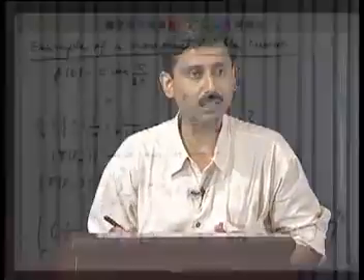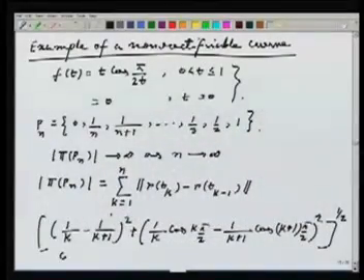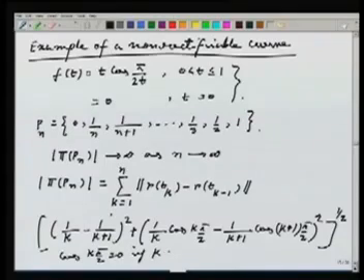Now, looking at cosine, I know that cos(k pi by 2) equals 0 if k is odd, and if k is even, it's plus or minus 1.